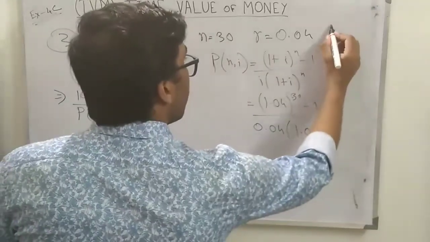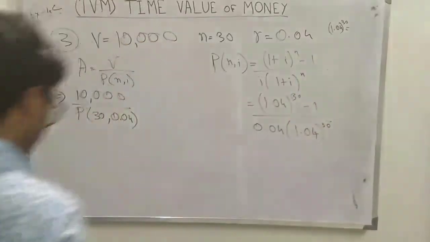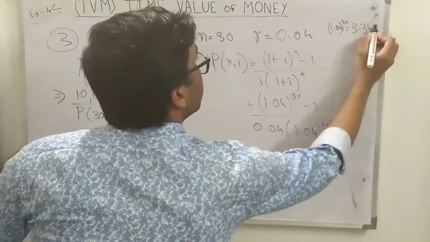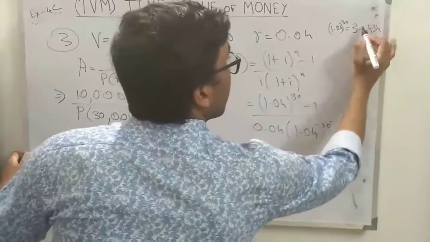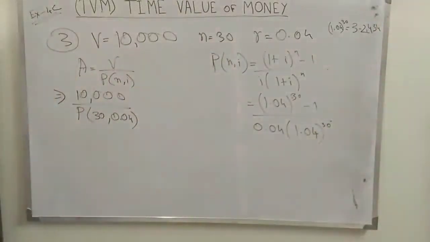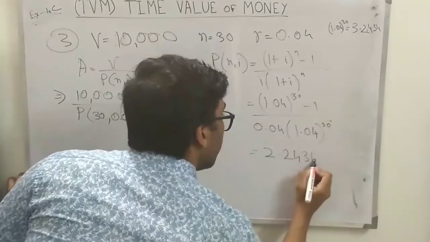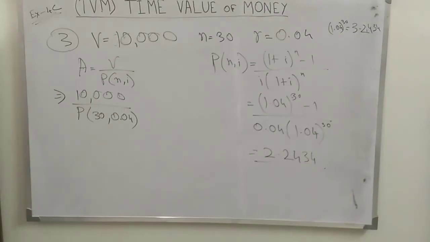Now the value of 1.04 to the power 30 is equal to 3.2434. 3.2434 minus 1, that means 2.2434 divided by 3.2434 into 0.04, which is 0.1297.